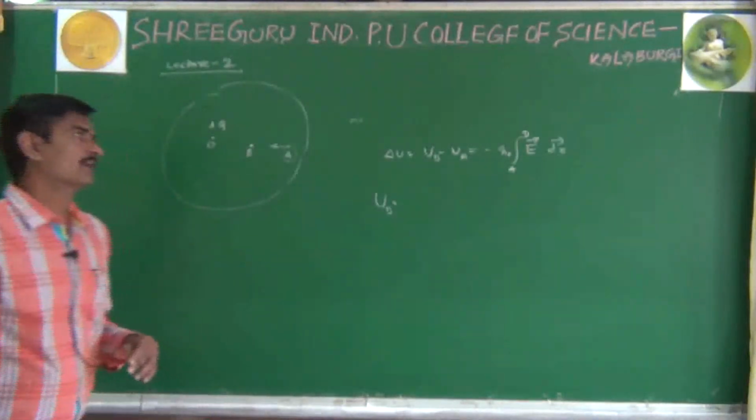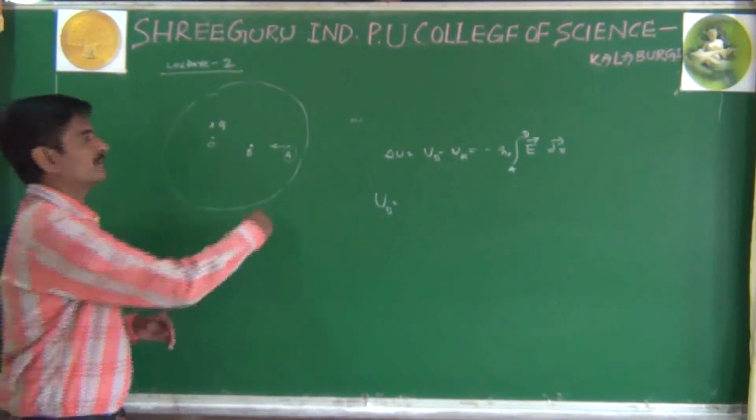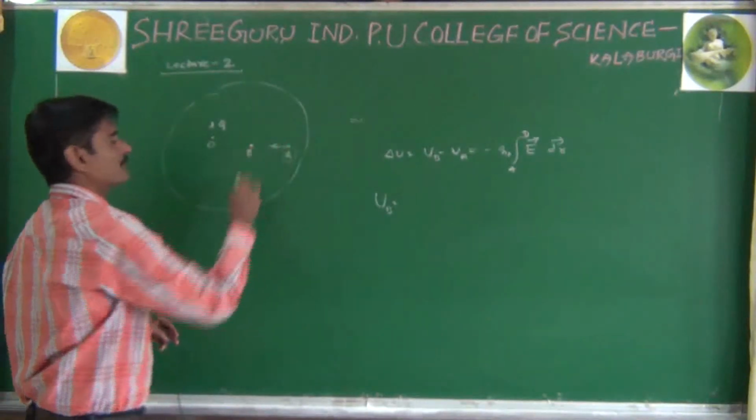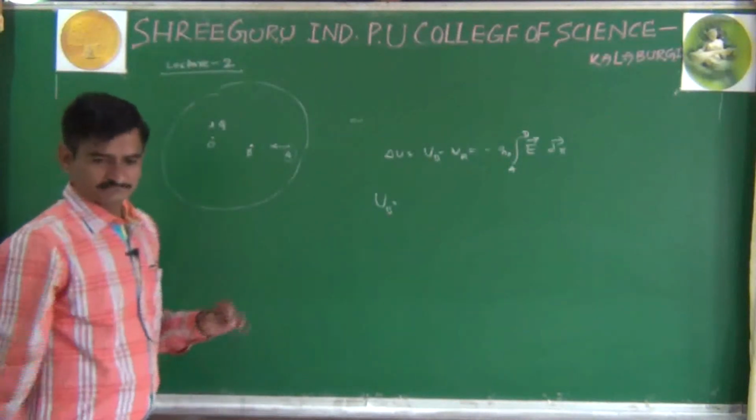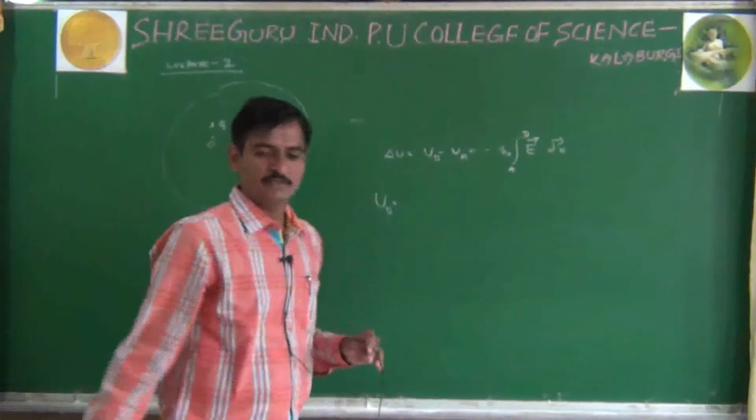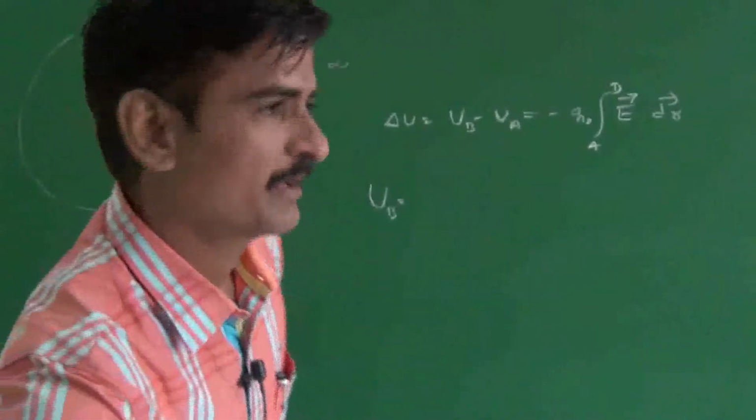That is, when the test charge is moved from infinity to the point B, what is the potential energy?